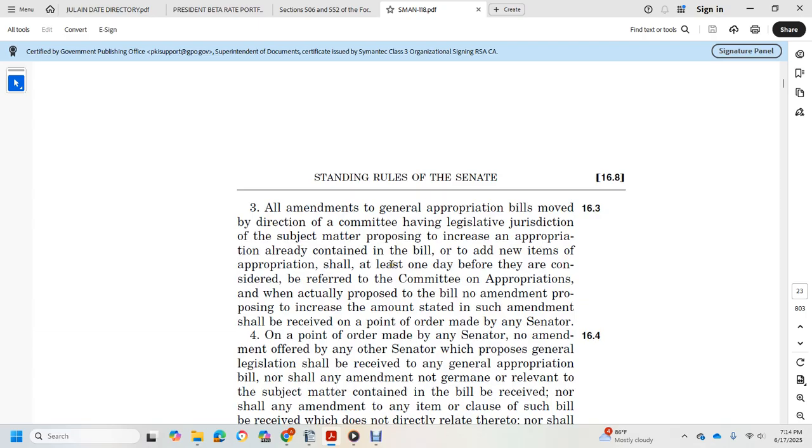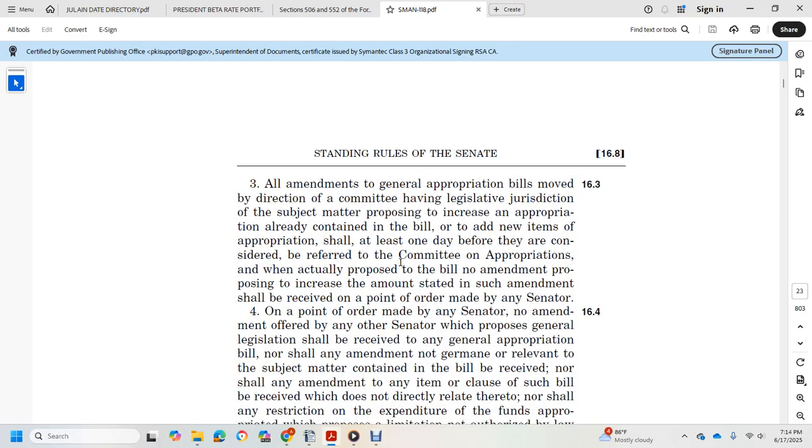On a point of order made by a senator, no amendment offered by any other senator for the purpose of general legislation shall be received to any general appropriation bill, nor shall any amendment not germane or relevant to the subject matter contained in the bill be received.